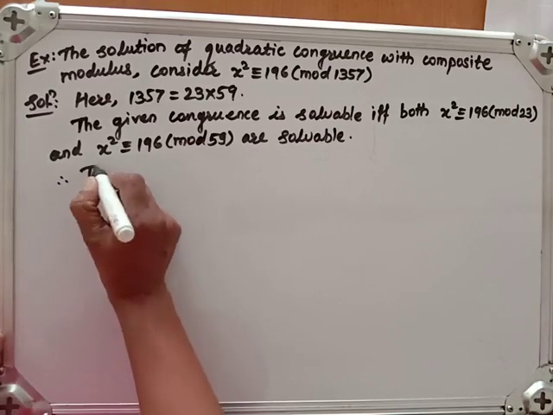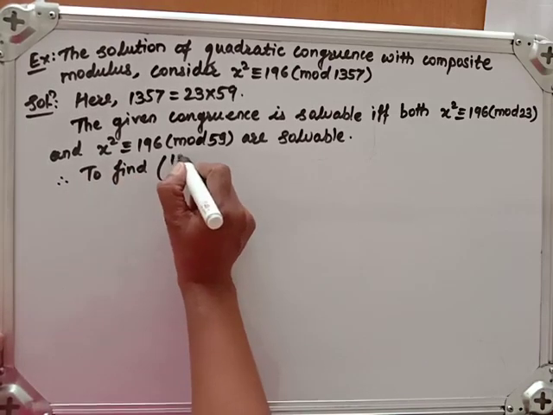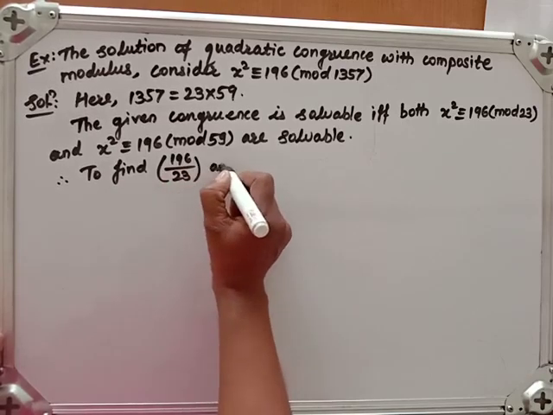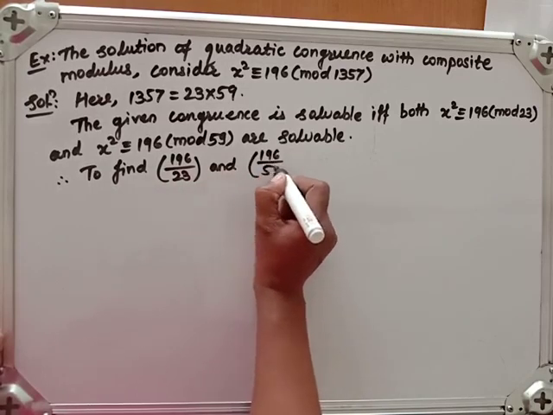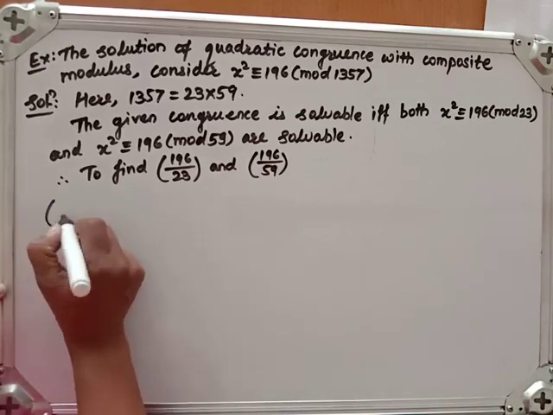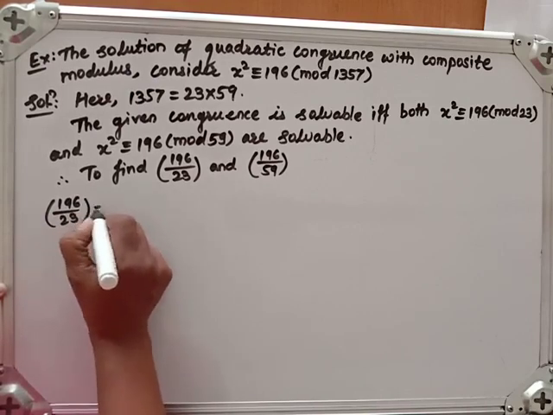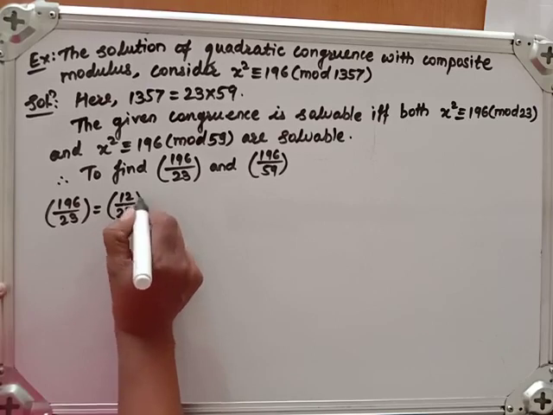Therefore, to find the Legendre symbol of 196 by 23 and the Legendre symbol of 196 by 59, let's work on this. First of all, the Legendre symbol of 196 by 23 is equal to the Legendre symbol of 12 by 23.